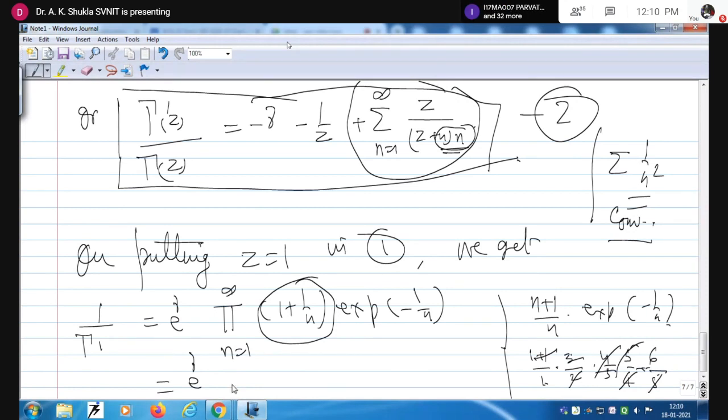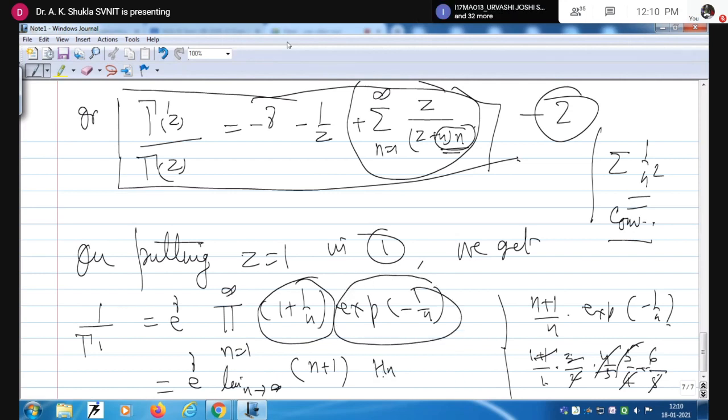So here we can write the limit as n tends to infinity of n plus 1, and this will convert into Hn.